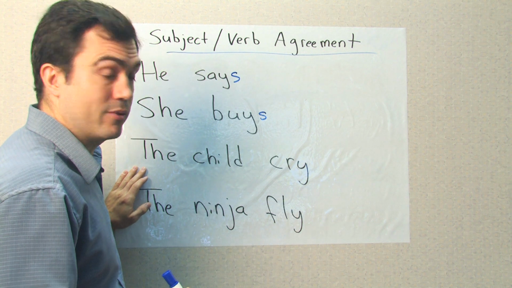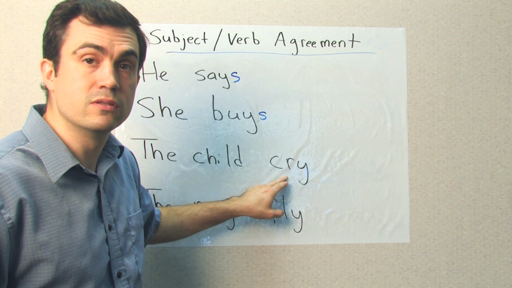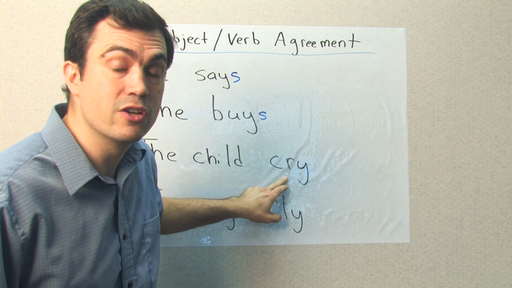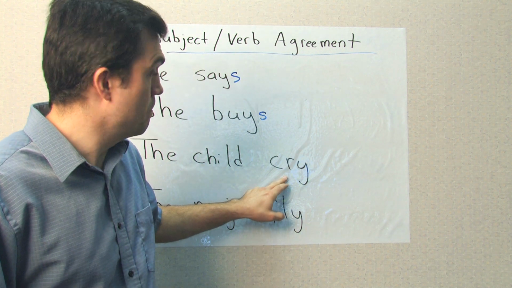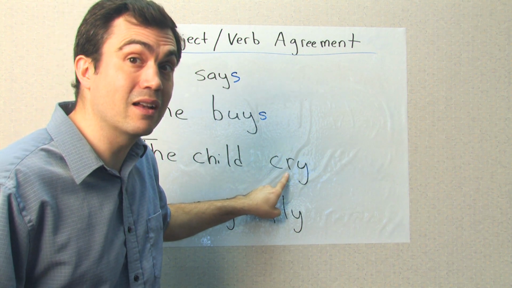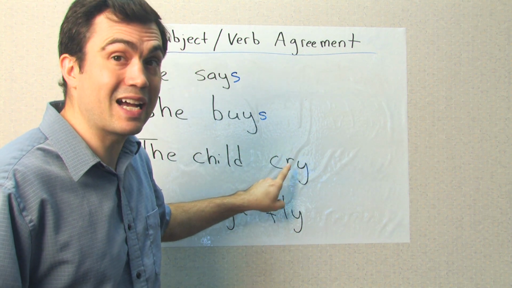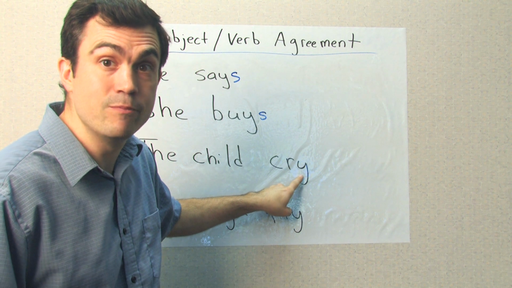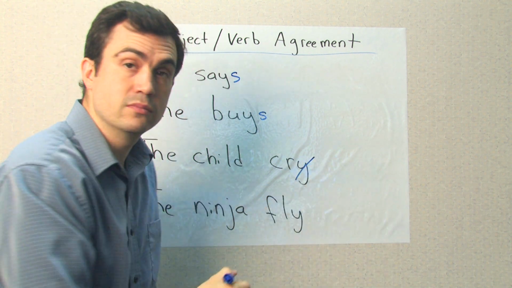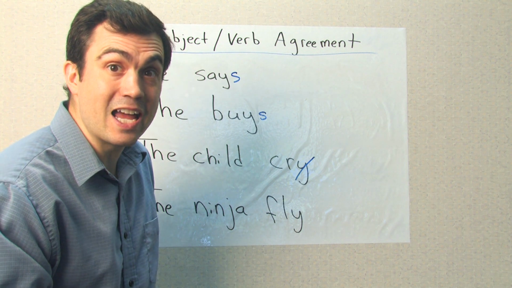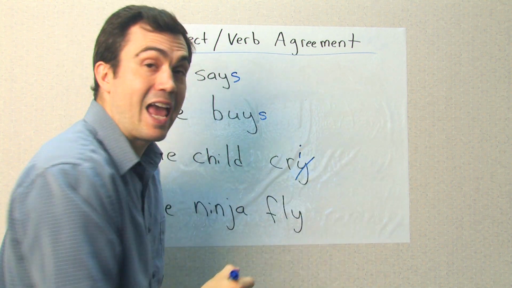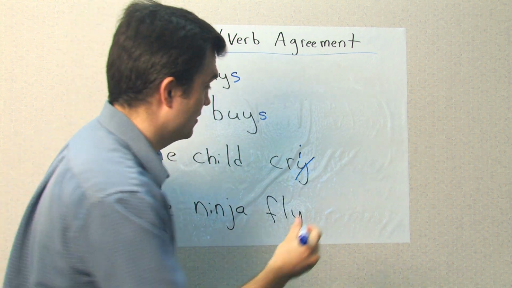Let's look at this example. The child, not cry, but cries. But this time, it's not a vowel. It's a consonant. If it is consonant plus Y, we drop the Y. We change the Y to I. And then add ES.